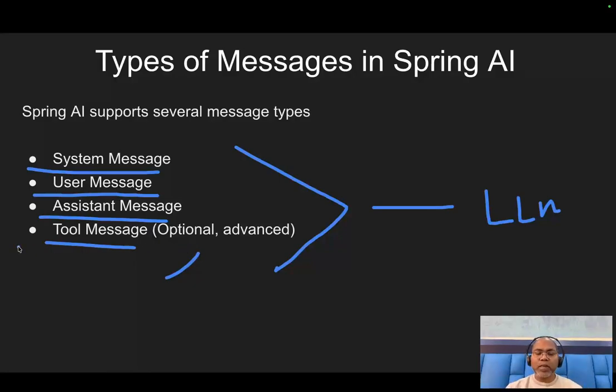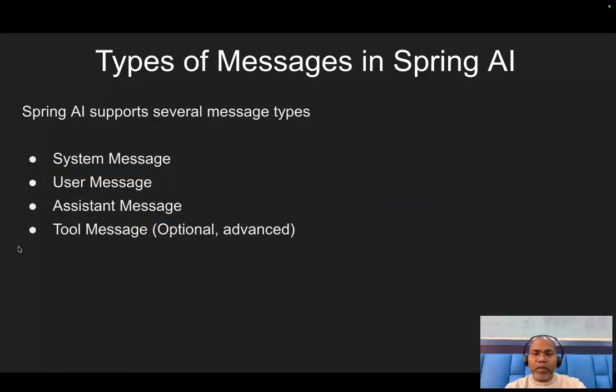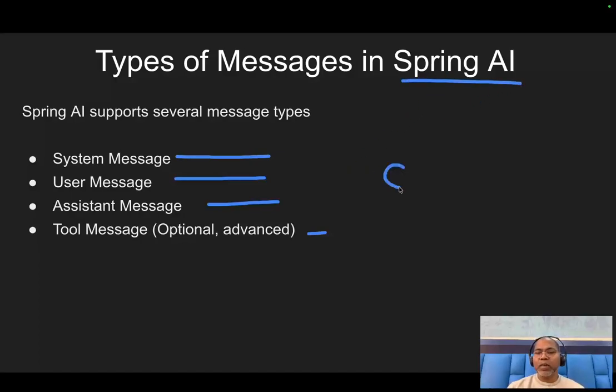So in short, there are four different types of messages in Spring AI applications we can create to talk to the LLM. Let's understand one by one what we mean by system messages, user messages, assistant messages, and tool messages. In the last session, when we learned the basics of Spring AI, we simply said, hey, this is my question, and we send it, and they respond.